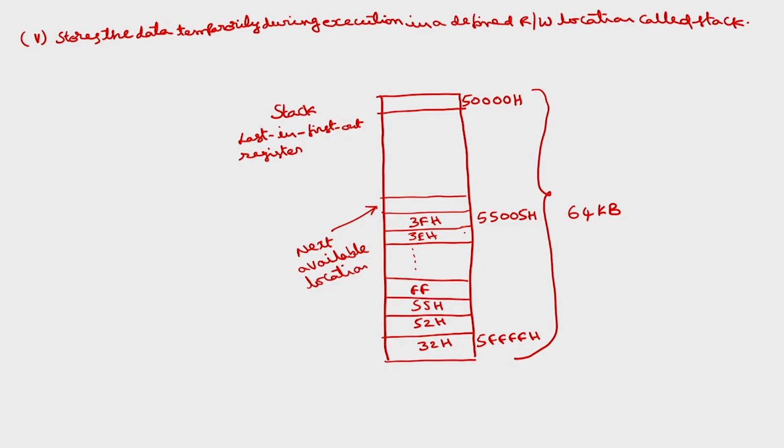And this is called the stack top. The location up to which data is full is called the stack top, and this is the next available location. Then the stack pointer is a 16-bit register.